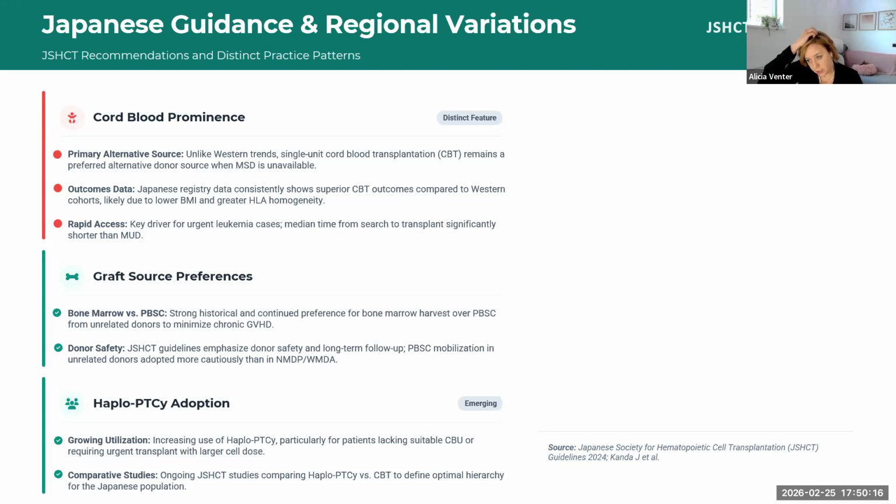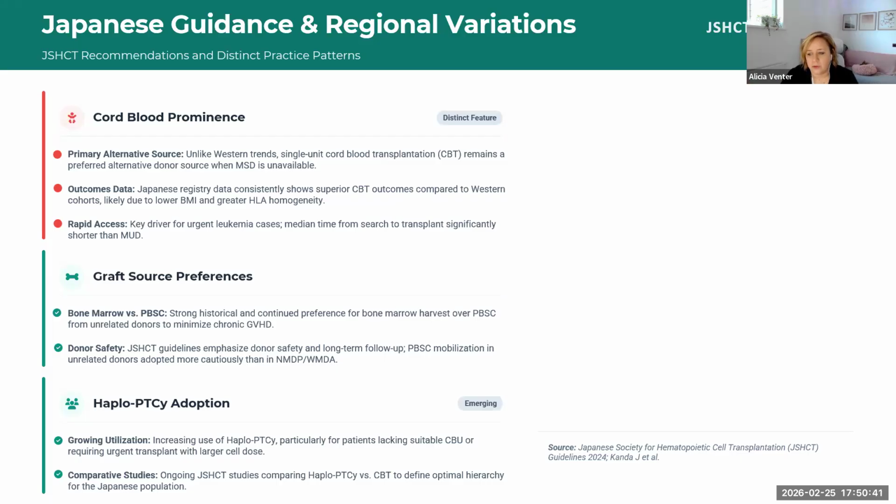The Japanese registry data consistently shows superior cord blood transplantation outcomes compared to Western cohorts, but this is quite possibly because of the homogeneity within that patient and donor population, as well as the lower BMIs. So they can actually get away with transplanting much, much smaller products. And of course, the rapid access.